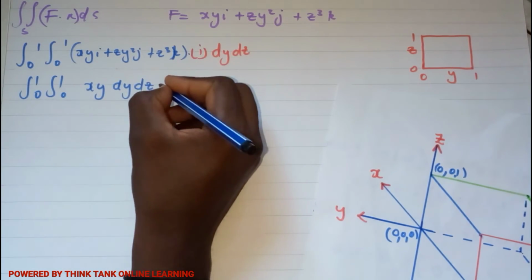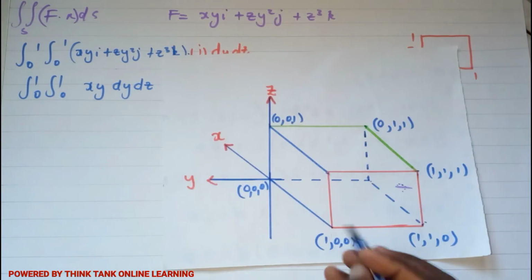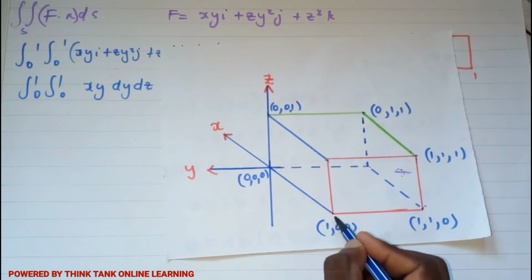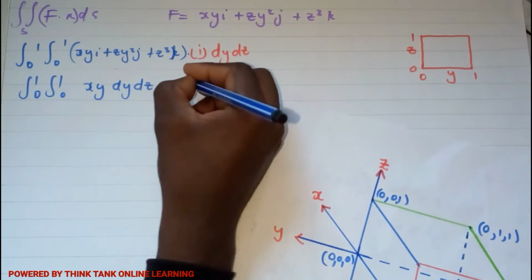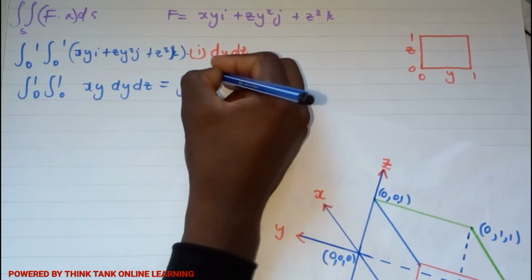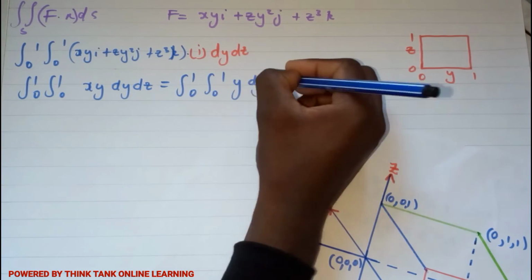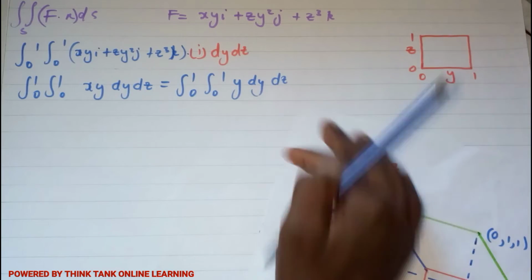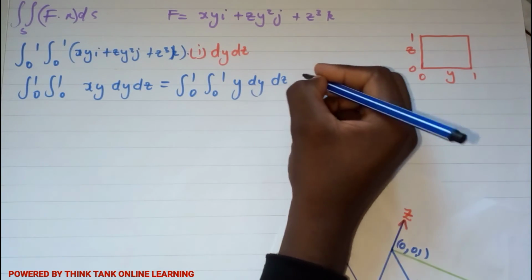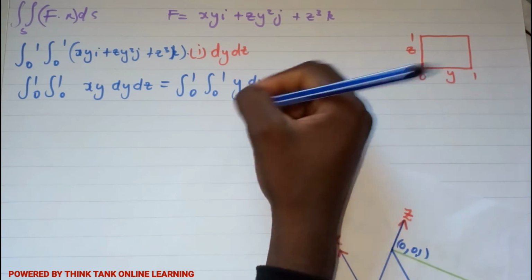What is the x here? The value for x is 1 here, so we have the integral of y dy dz.